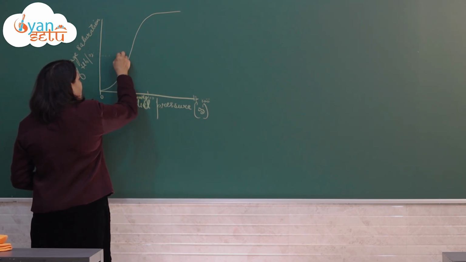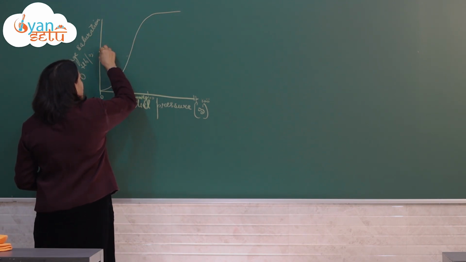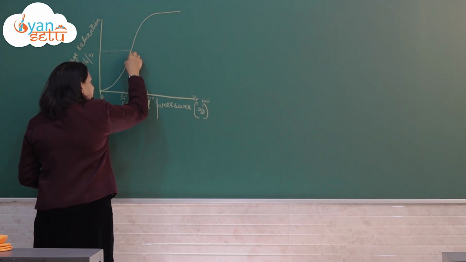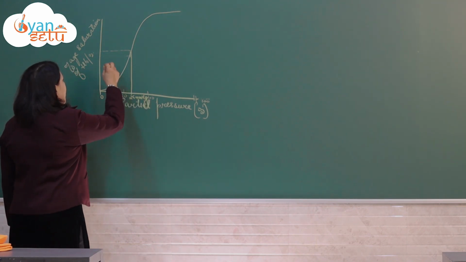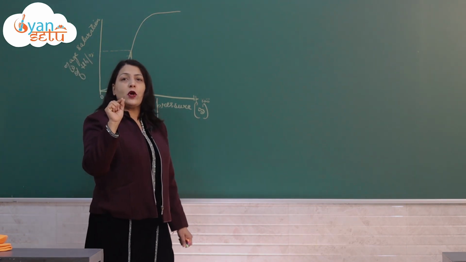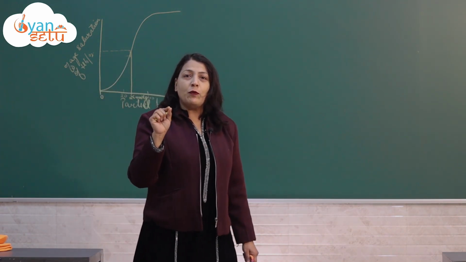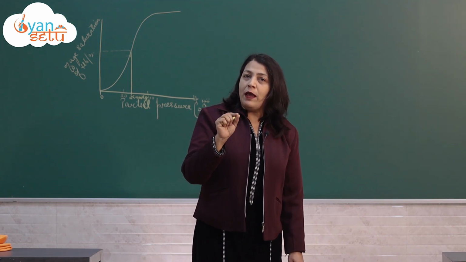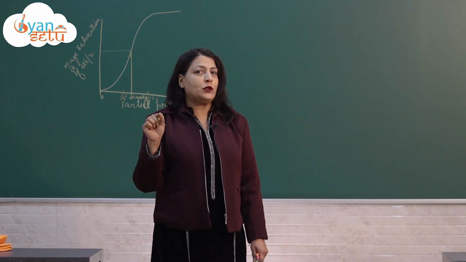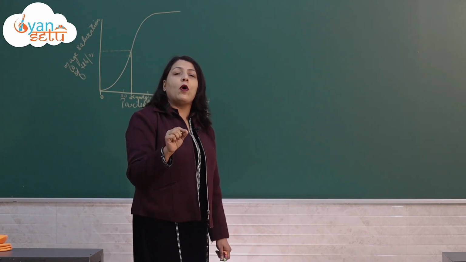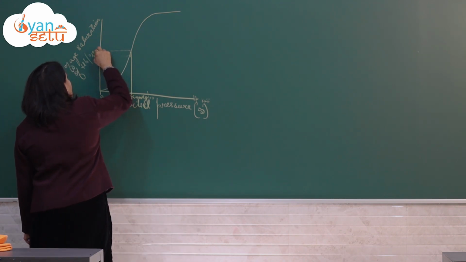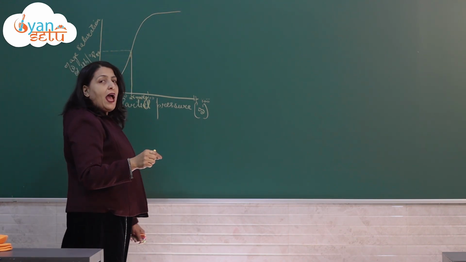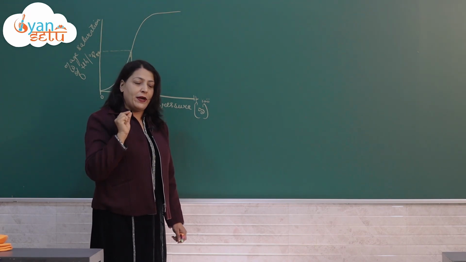The basic value is given to be P50 value by the Bohr. Bohr says the percentage of hemoglobin at which oxygen with hemoglobin is 50% saturated, that point is called P50 value. The P50 value is therefore the 50% saturation at 25 millimeter of mercury.